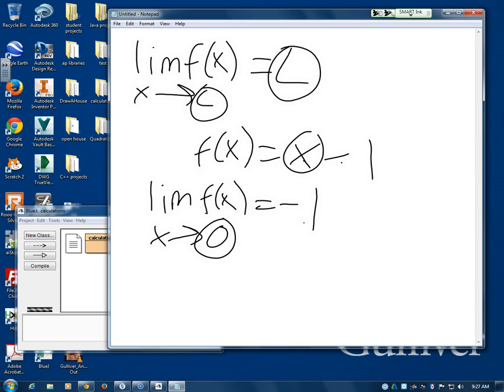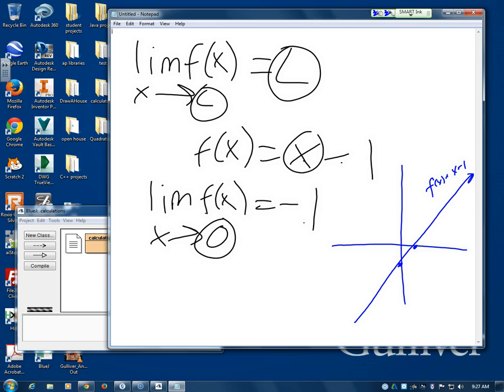So basically, what you're saying is, supposing you have a graph like this, and for x minus 1, you might have something like this, right? So this is f of x equals x minus 1.